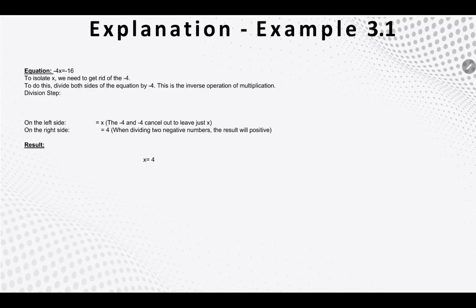Now, this is the explanation. To isolate x, you have to get rid of negative 4. To do this, you have to divide both sides of the equation by negative 4. This is the inverse operation of multiplication. And I'll be writing the division step right here.